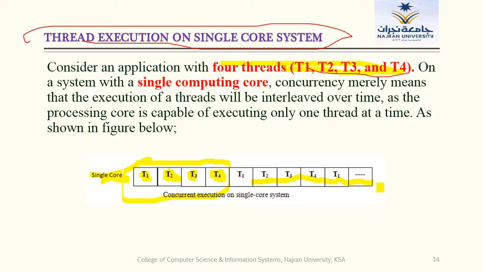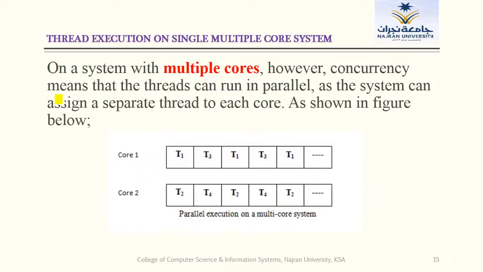So in terms of time, we have only one processor, so we are executing multiple threads on a single core, on a single processor, in this fashion. It will be more clear in the next slide, when you will see the difference between multi-threaded single-core and multi-core systems.